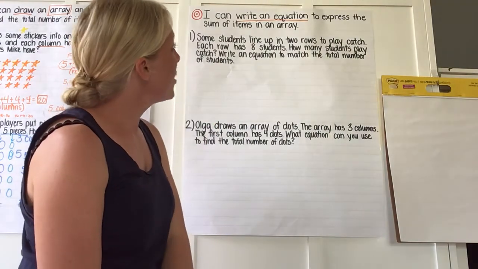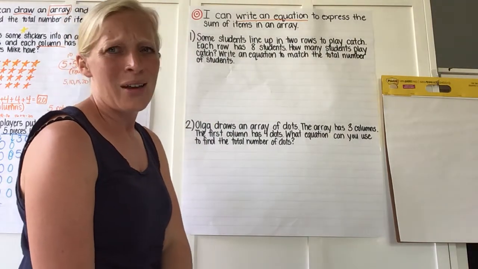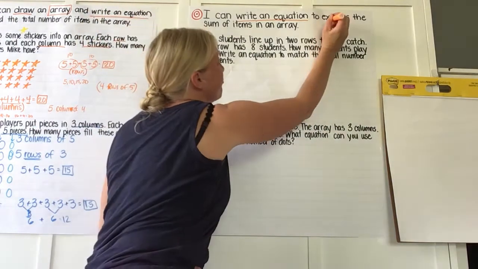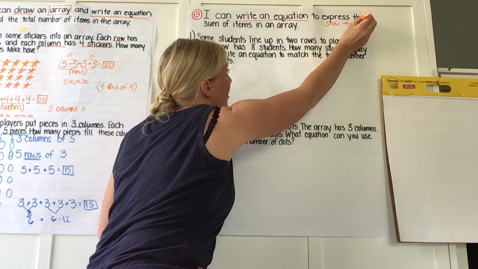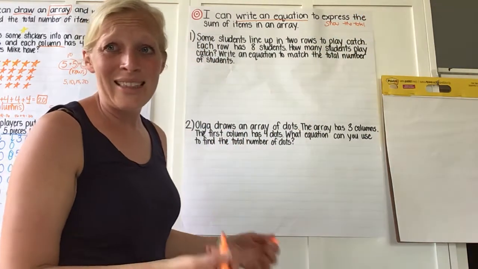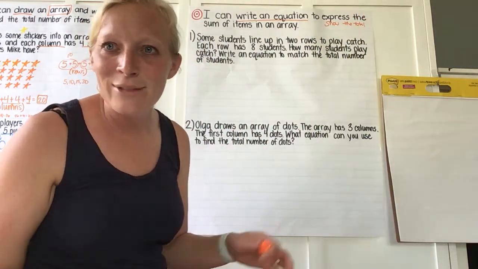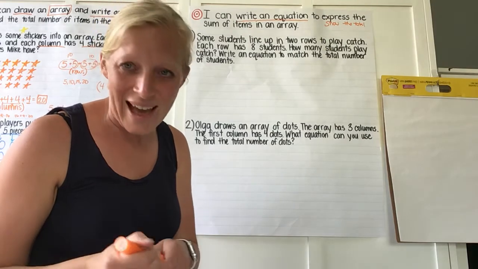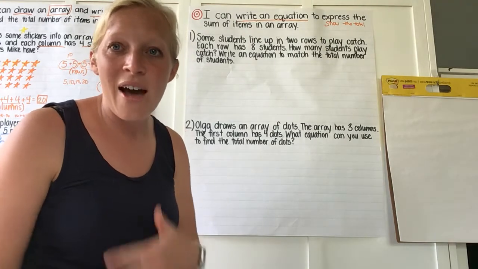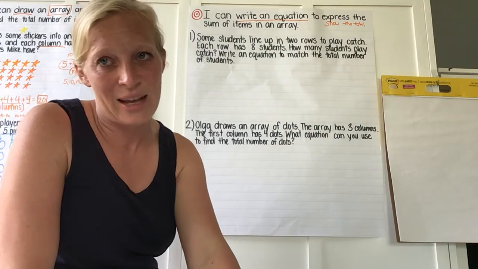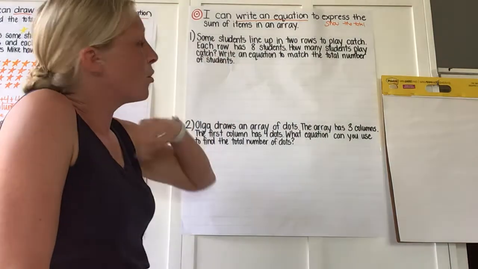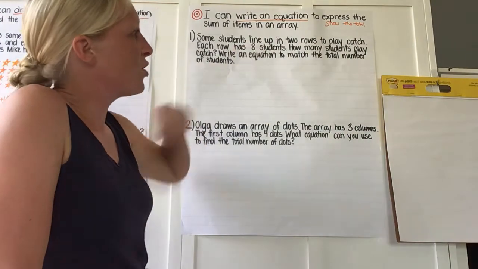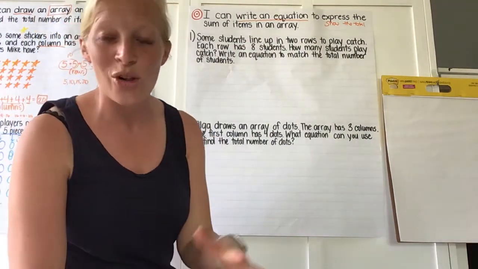But then it says to express the sum. Really, that just means show the total, right? Show the total of items in the array. Again, you've already started doing that. We just had the helpers of visuals to help us the last couple of days, and today we're pulling those helpers away a little bit. So we're writing equations based off of these stories to show the total or the sum.